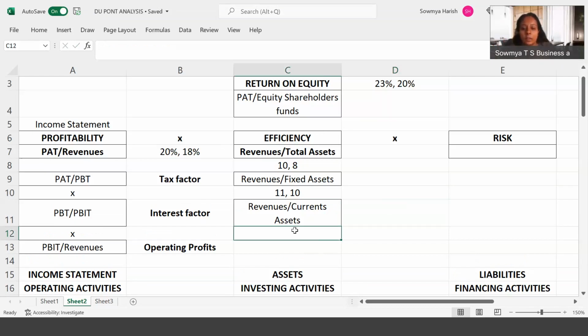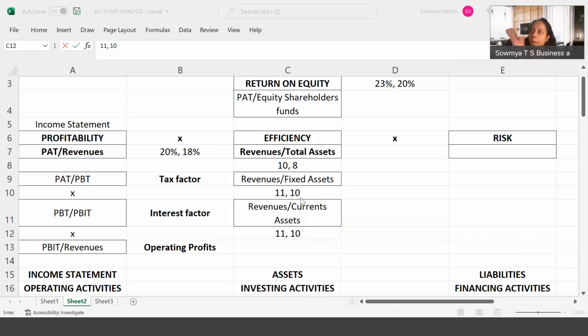So here think that this ratio was 11 in the previous year and this time it is 10. So there is a 1 rupee decline compared to the previous year. Though this is a small decline, it has to be taken very seriously by the business.